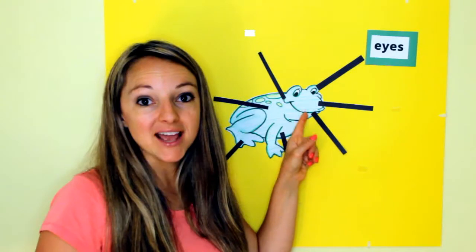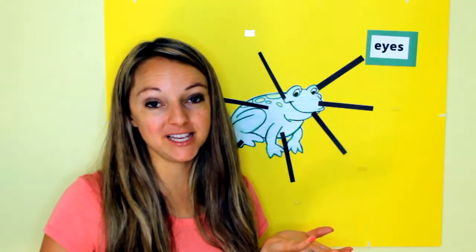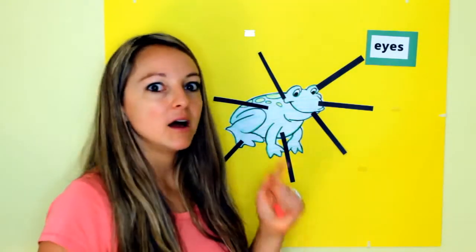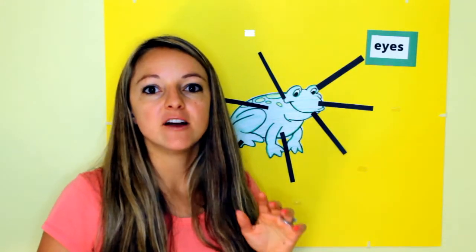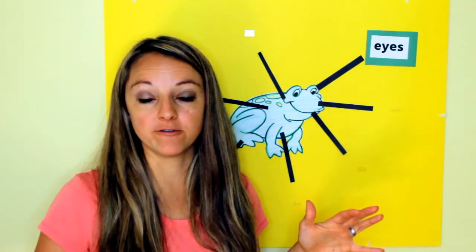So the eyes actually help the frog to eat their food. And they also help them to see things. Another cool fact is that frog eyes can be all different colors and shapes on different frogs. Some frogs even have star-shaped eyes.